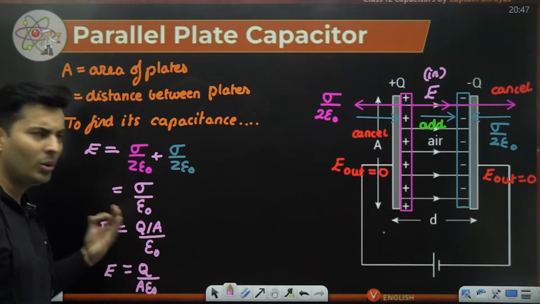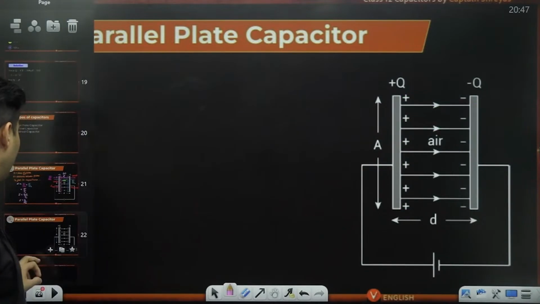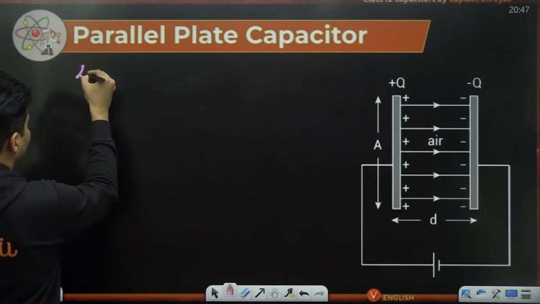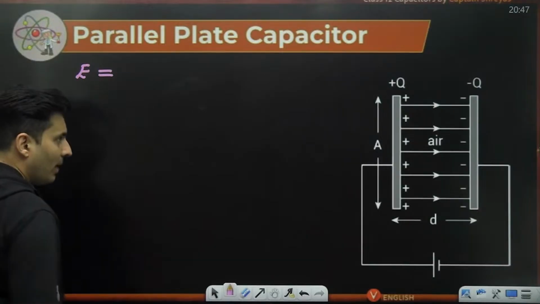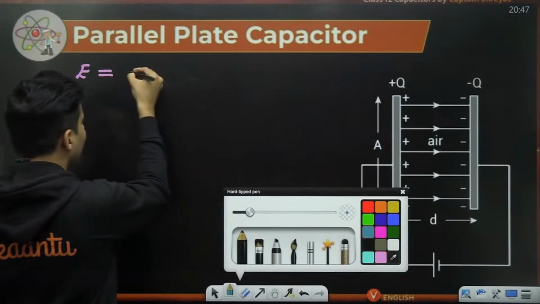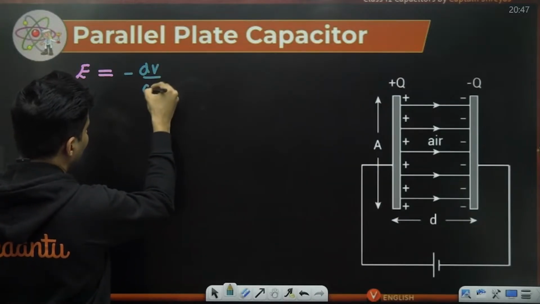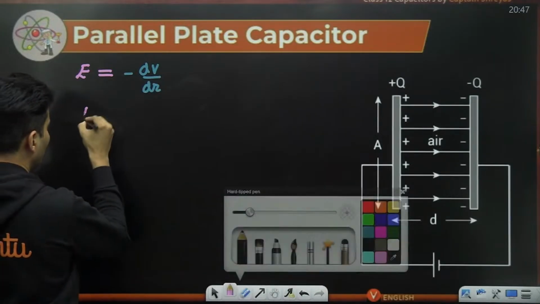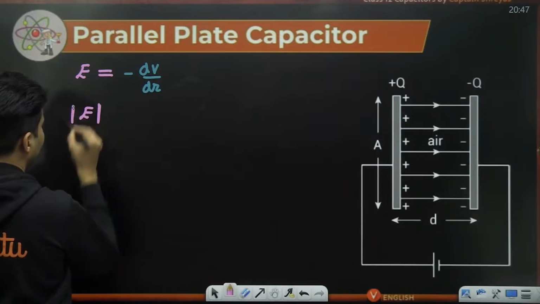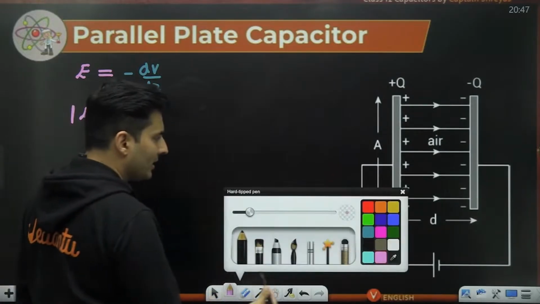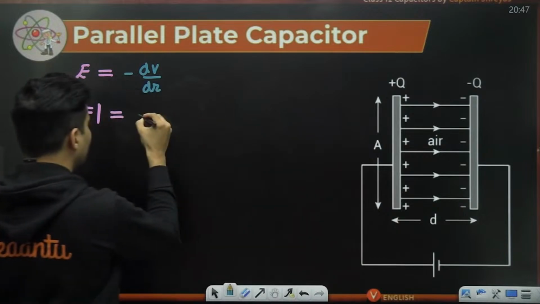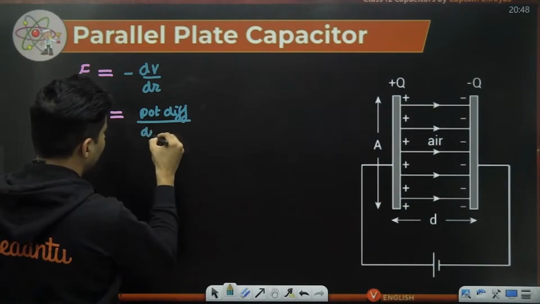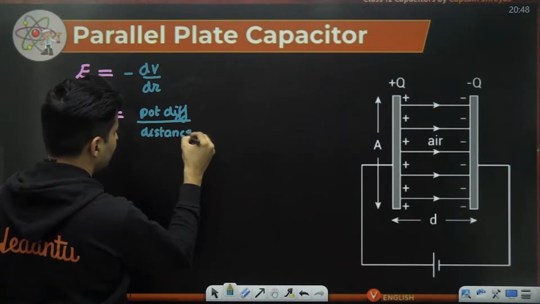Okay. Now, how do I use this electric field in our derivation? So let's talk about that. See guys, the electric field is also given by a formula called negative dV by dr. But if I'm only interested in the magnitude and I know that this particular electric field is constant, I can also say it is nothing but the total potential difference upon the distance.